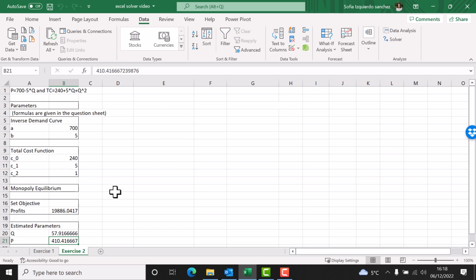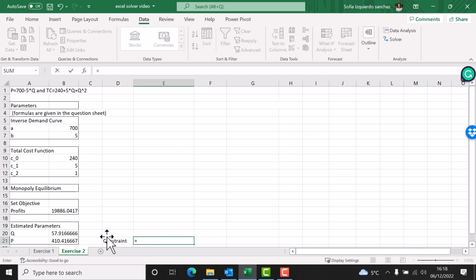However, I wanted to point out that there is a difference between using Excel on a Microsoft computer and a Mac computer. If you have a Mac computer, the difference is in how to introduce this restriction. If you are using Windows, the restriction will be introduced as I said, price equals 700 minus 5Q. However, if you are using a Mac, you will have to add another formula, and you have to equal the restriction to 0.